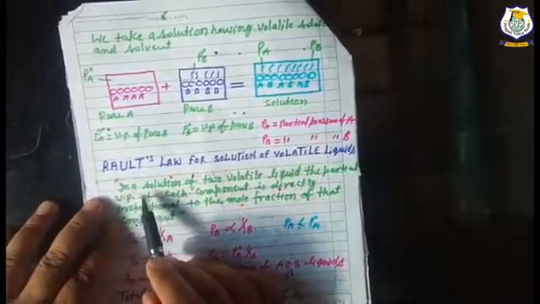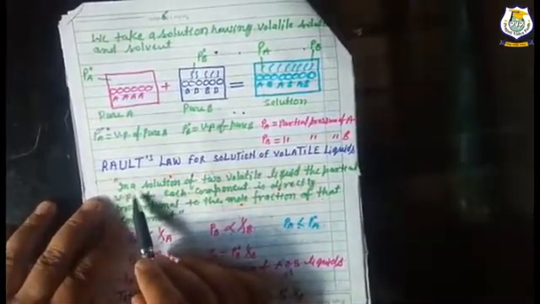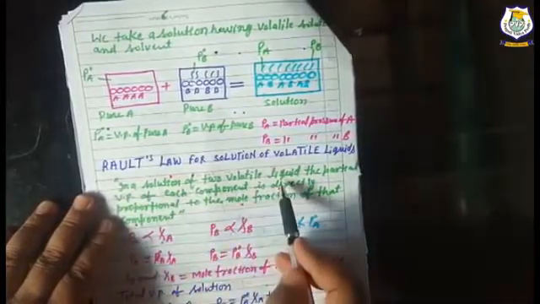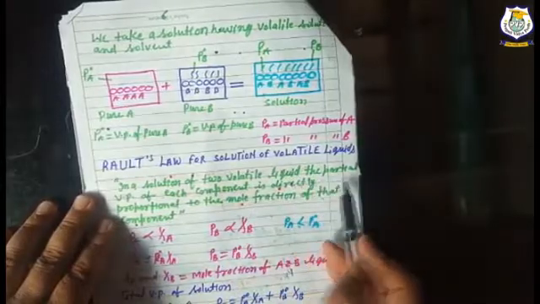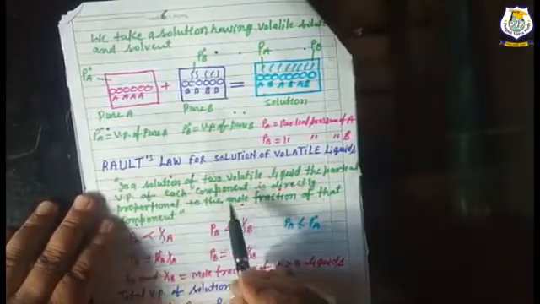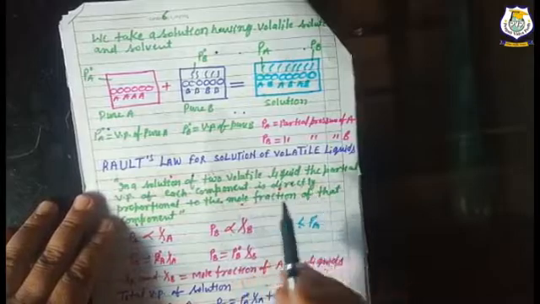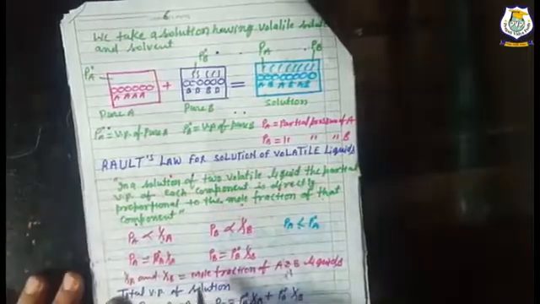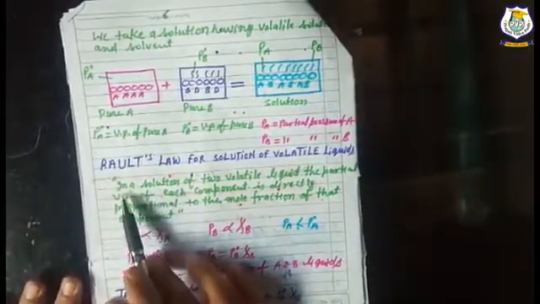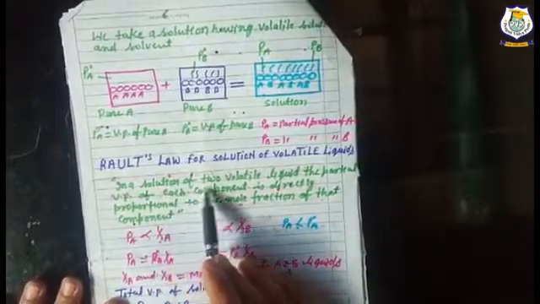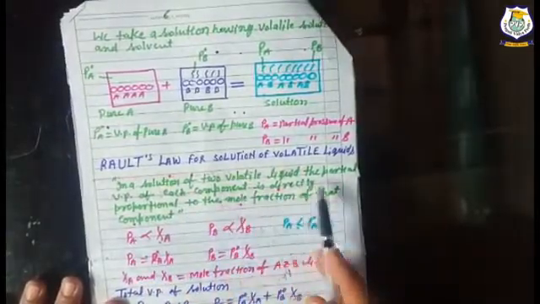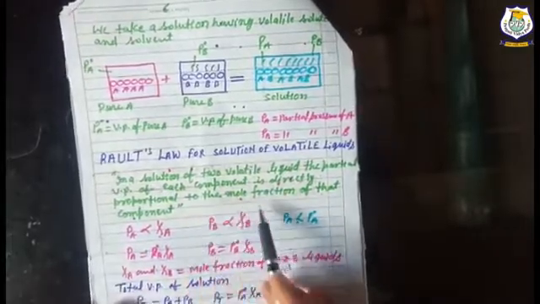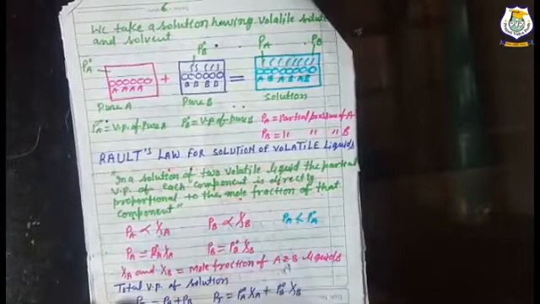In this condition, Raoult's law is defined as: in a solution of two volatile liquids, the partial vapor pressure of each component is directly proportional to the mole fraction of that component.